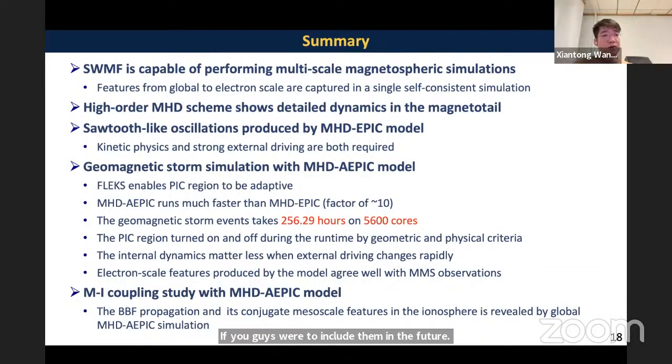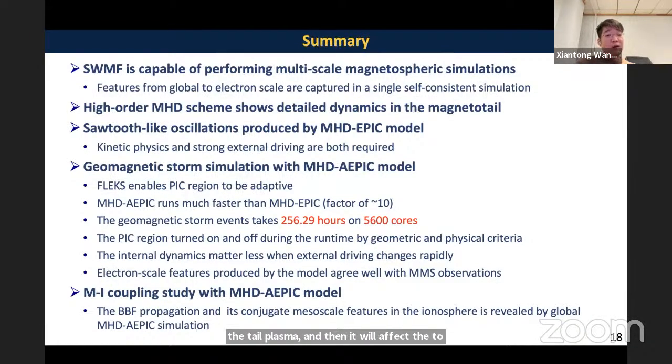So I think heavy ions are a very important feature in the sawtooth events. The reason we didn't include them before is we tried to investigate the kinetic effects. But my understanding is that if we include heavy ions into the model, when they are loading and propagating to the magnetosphere, it will change the composition of the tail plasma, and then it will most likely affect the reconnection rate.